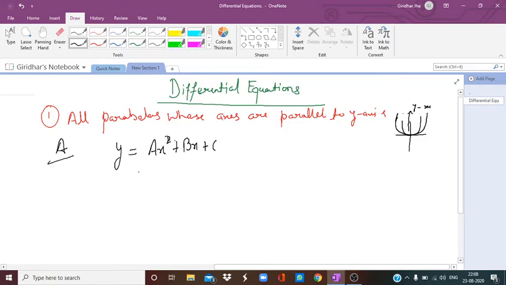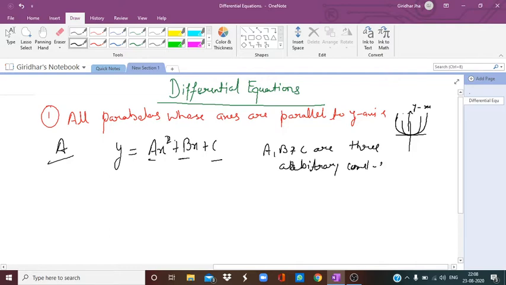Now, while looking at this curve, we have three arbitrary constants a, b and c. A, b and c are three arbitrary constants, correct? So all of you are aware that the number of arbitrary constants tells you the number of times of derivative you have to do.